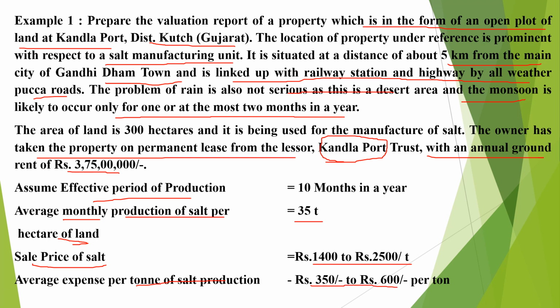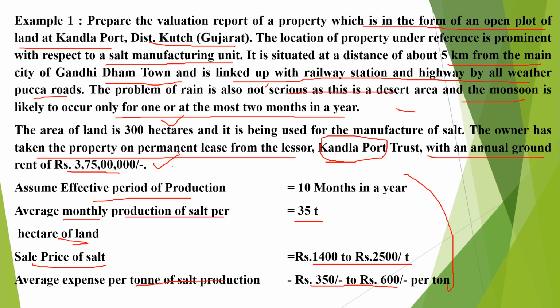In this question you have nothing to do with the part that this is near the Gandhidham desert area, or that it is 5 kilometers away from the main city of Gandhidham. The main thing you have to consider is this data: the area of the land, the ground rent, and the production and price data.